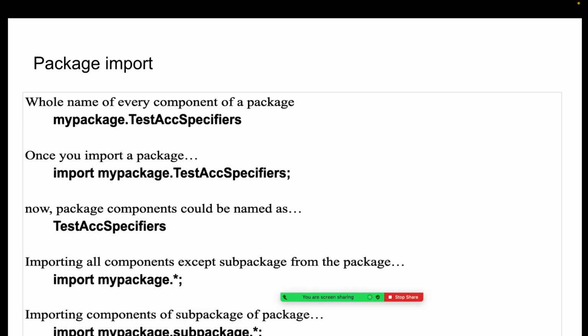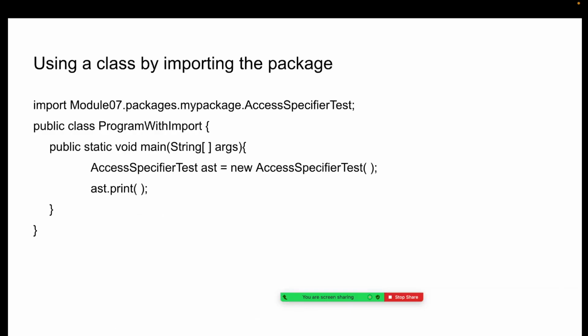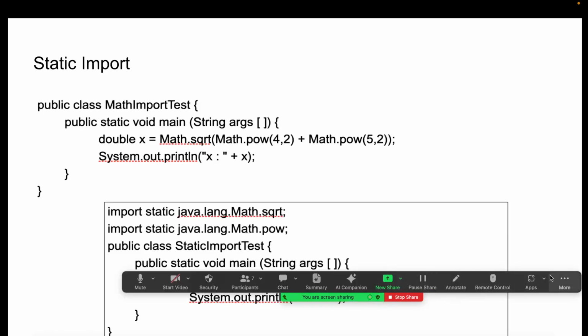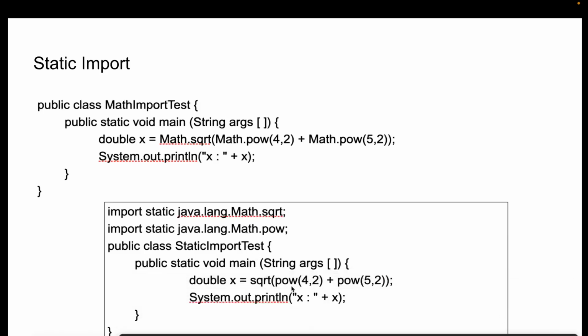So this we have already seen, like importing this class first and then trying to create the object of this class. We have seen this as well, like static import. So static import is something like this: Java inbuilt functionality like Math.sqrt or Math.pow.